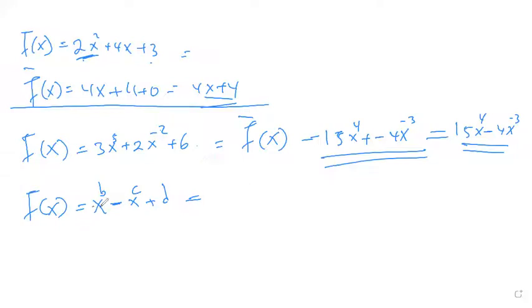It will be b x power b minus 1, then minus c x, this c I will multiply here, then power c minus 1. This one we don't have x, so it will be 0, there's no need to write it.